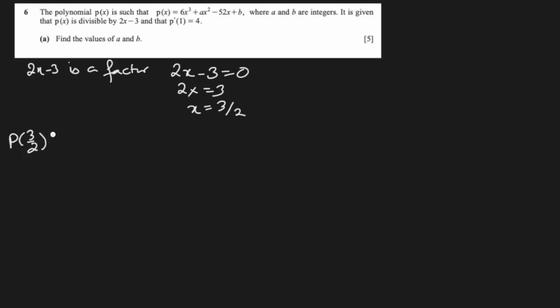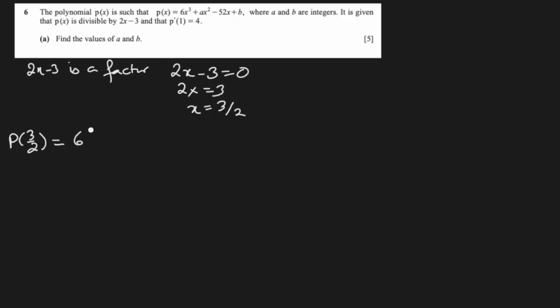2x minus 3 is a factor of the polynomial. That means if this factor is 0, the whole polynomial will be 0. And if it is 0, what does it give us? x equal to 3 over 2. That means if I put this 3 over 2 in that polynomial, I should get a 0.